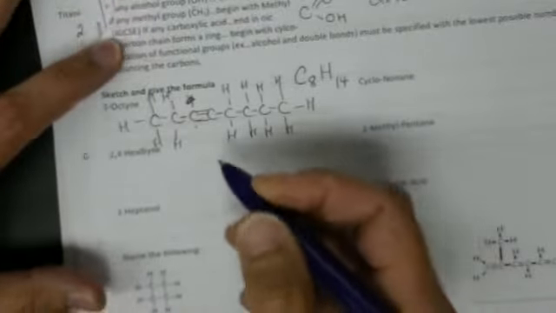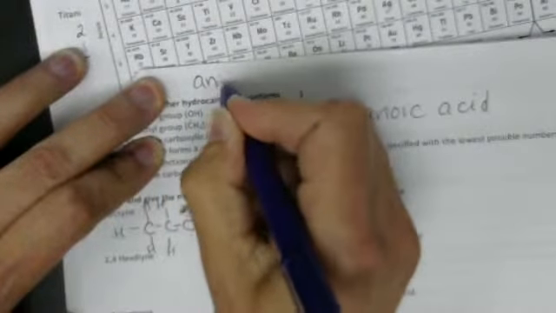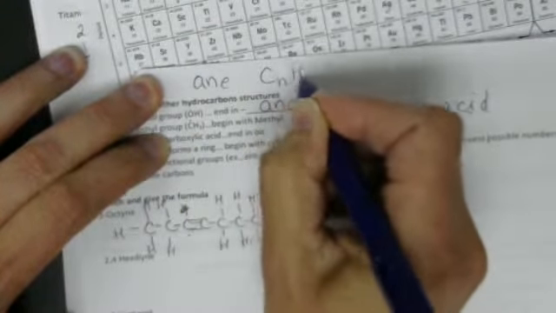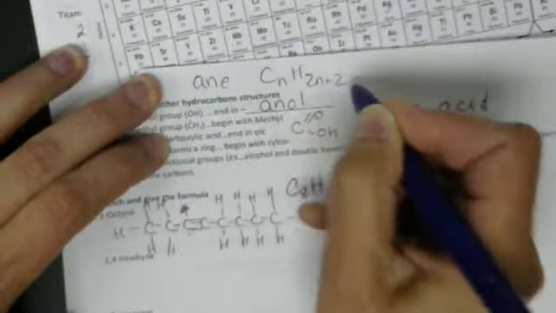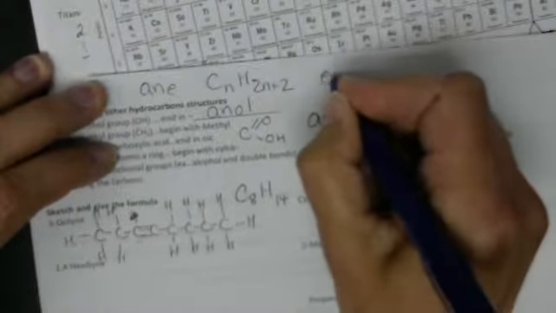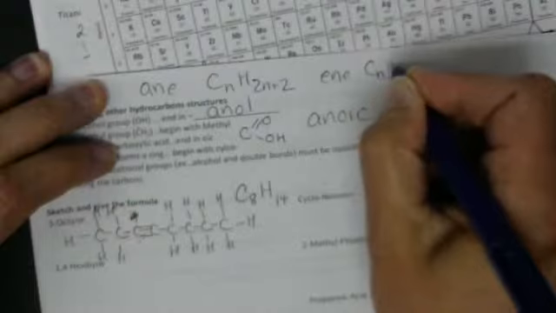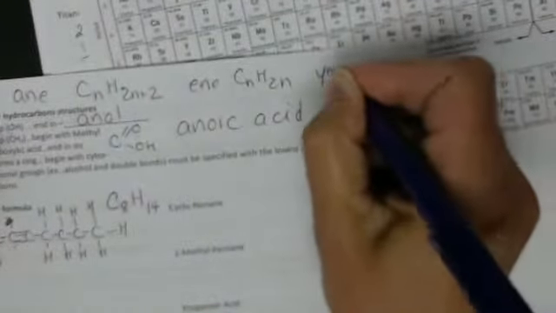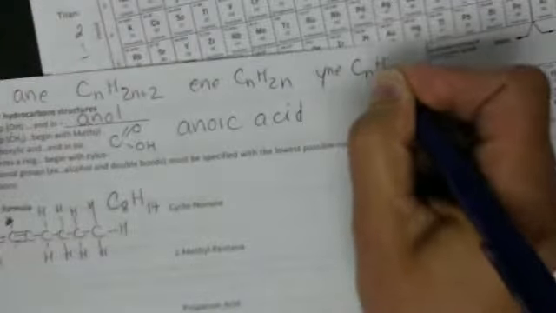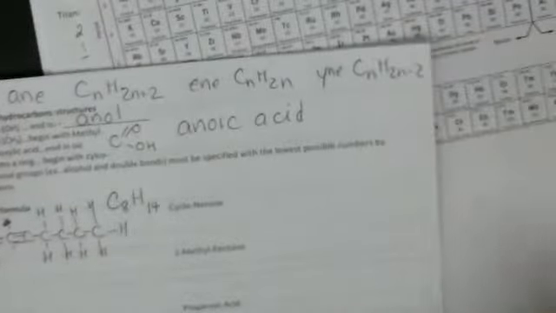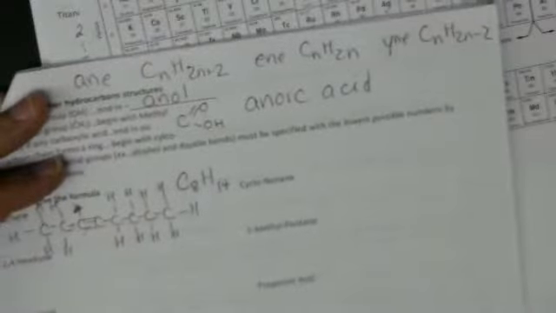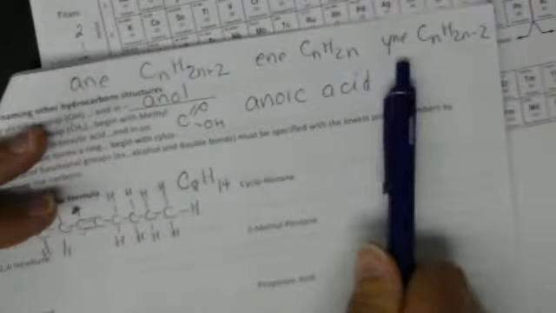And there is that quick rule of thumb, let's write it up here: anes, CnH2n plus 2, enes, CnH2n, and ynes, CnH2n minus 2. But that only works if there's only one ene bond or one yne bond. This way, drawing it out works every time.